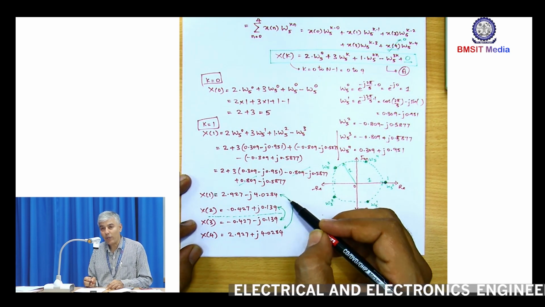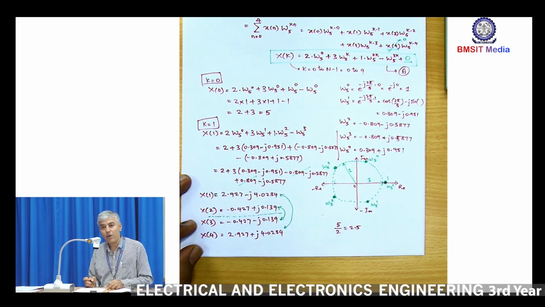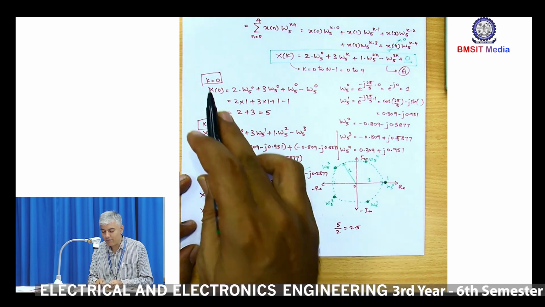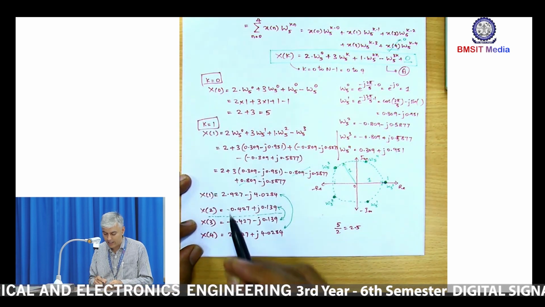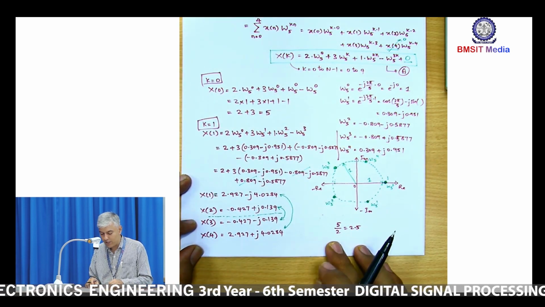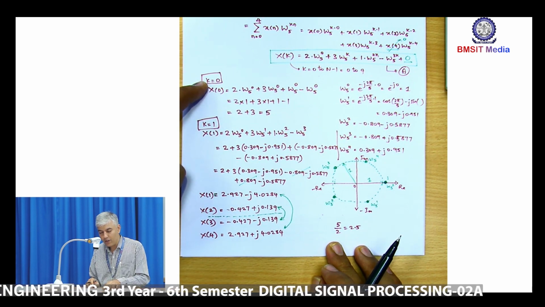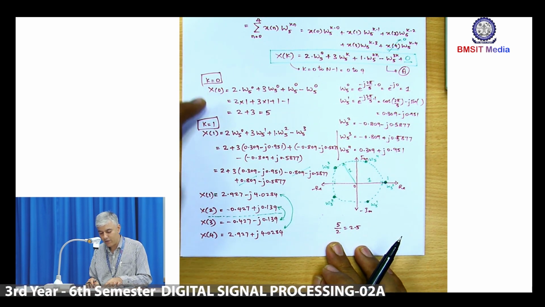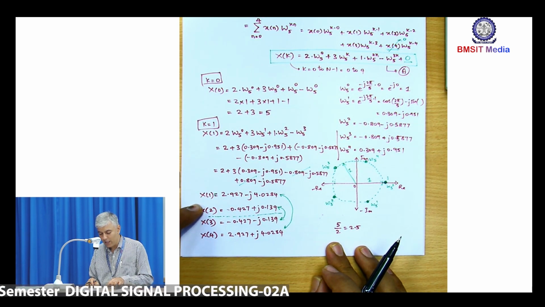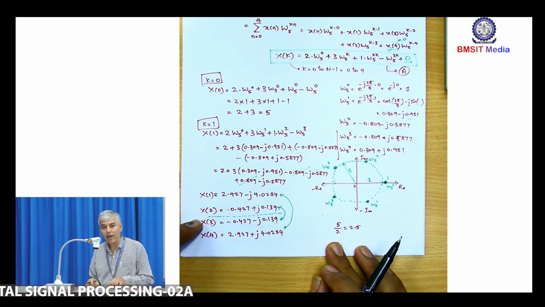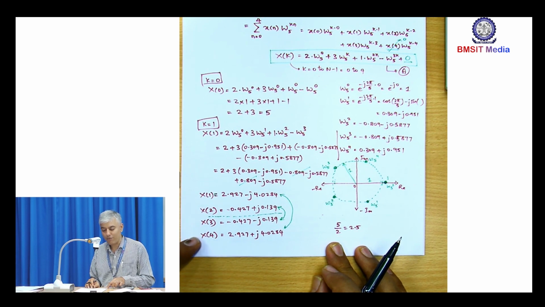You don't have to calculate all the values of the DFT, starting from k equal to 0 till k equal to 4. If you just determine x of 0, x of 1 and x of 2, then directly you can write x of 3 and x of 4. The x of 2 is the complex conjugate of x of 3 or vice versa, and 1 and 4 are also conjugates of each other.